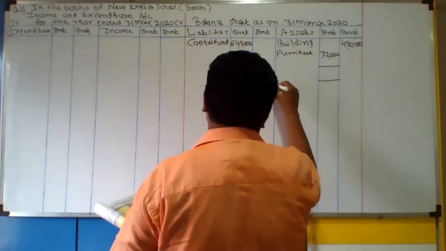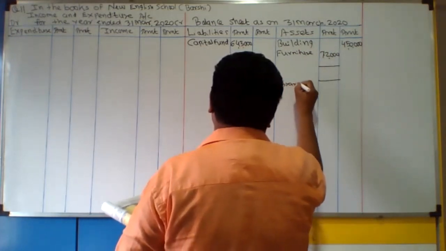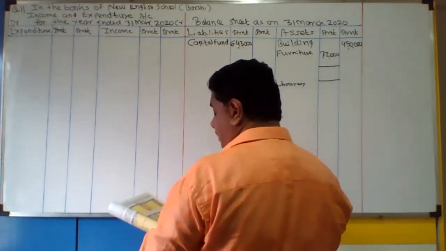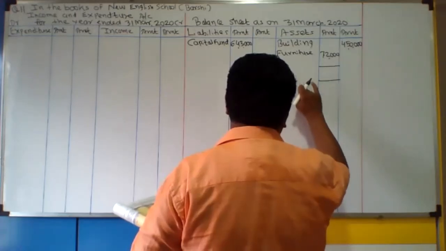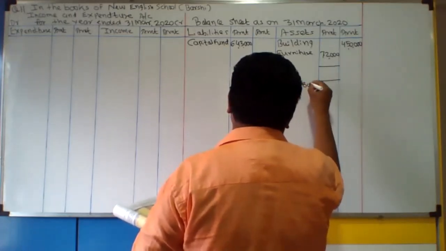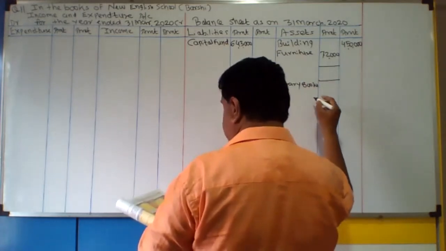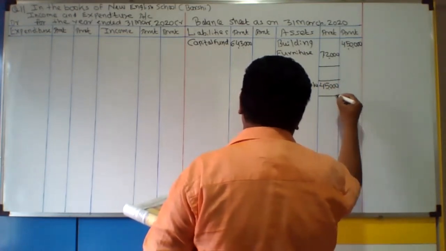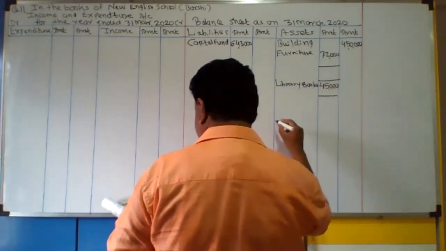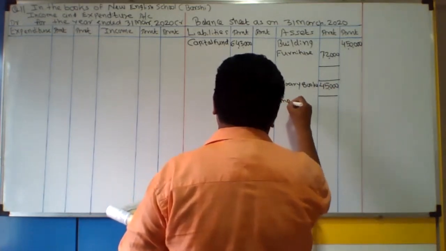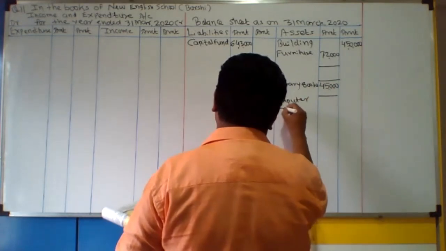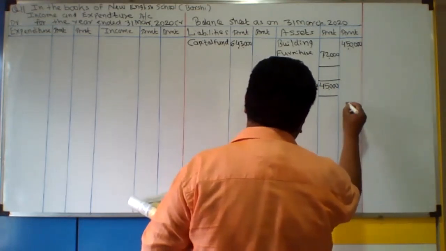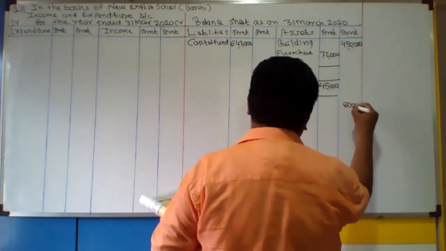Library books, inner column. Amount is 45,000. Then you have a computer laboratory. It is 60,000. It is not subject to any adjustment, outer column.